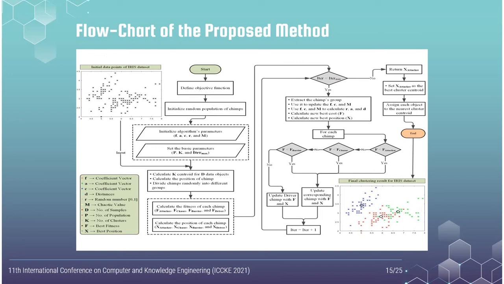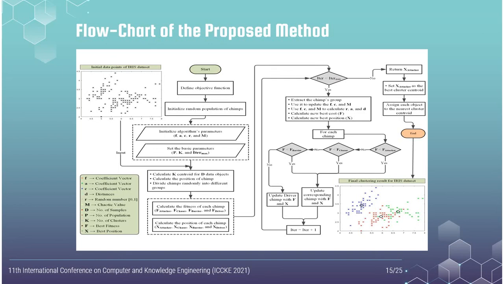After that we go to the chimp optimization algorithm, which extracts the chimp groups and uses them to update the parameters such as F, C, and M, and finally calculates R, A, and D. The output of this part is the new fitness value and new position.